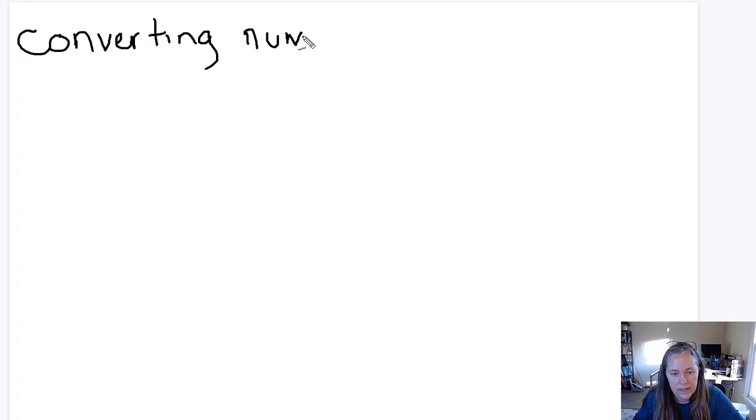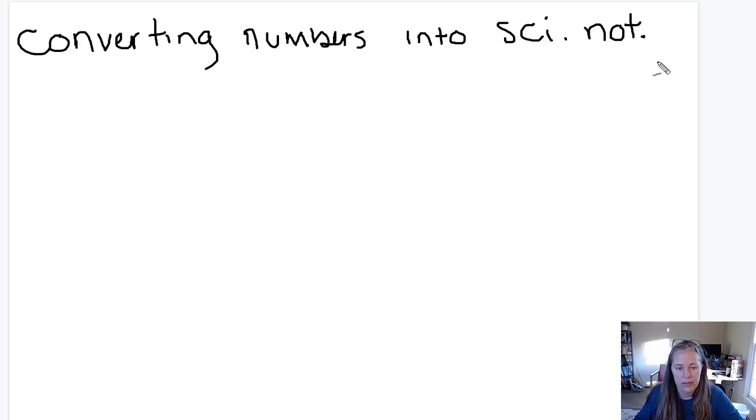Converting numbers into scientific notation. I'm abbreviating scientific notation as sci note because I'm tired of writing it. Step 1.